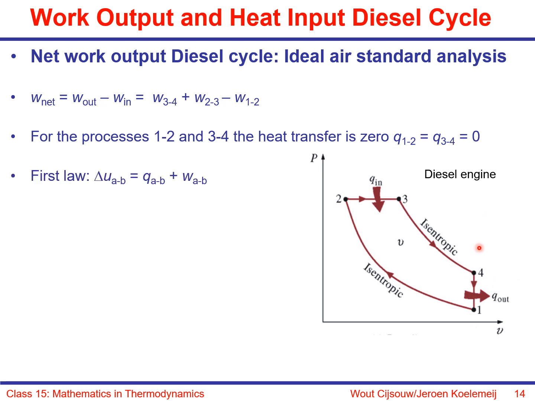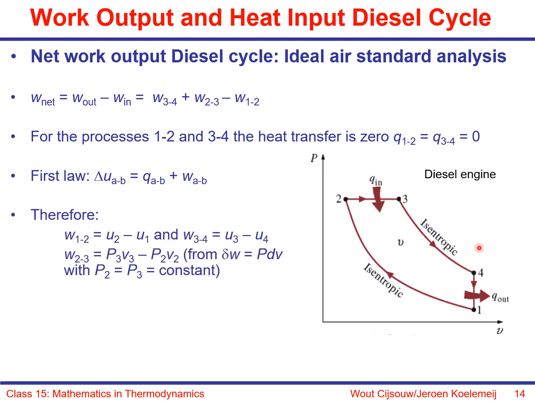Now again, we can apply the first law of thermodynamics. We write down the various changes in internal energy and the work that's done using the first law. Again, you will notice that we hang on to the notation P3 and P2, although they are basically the same.